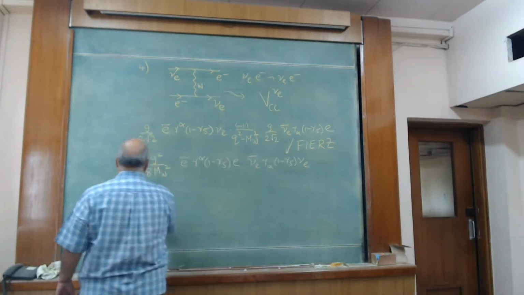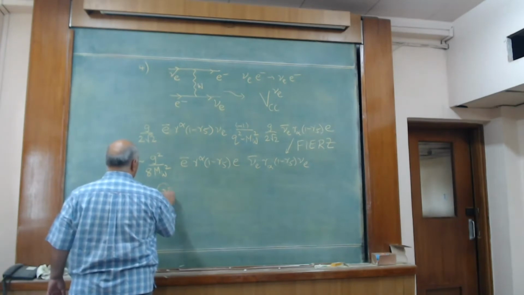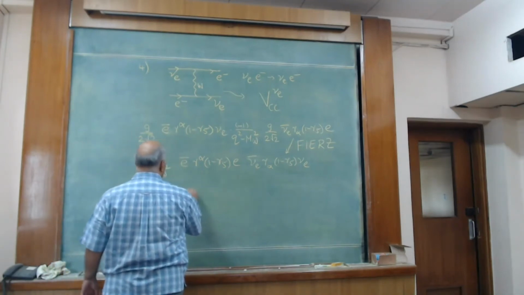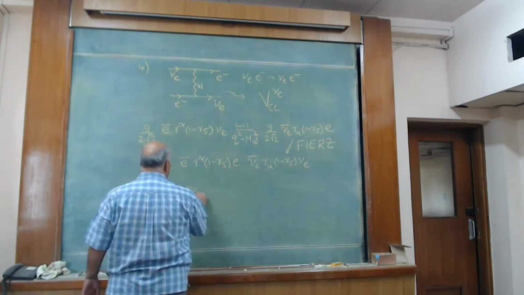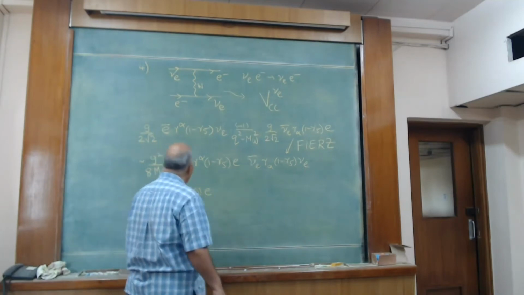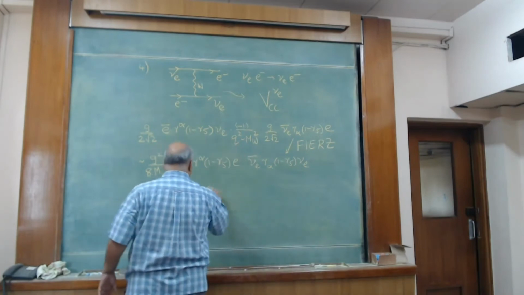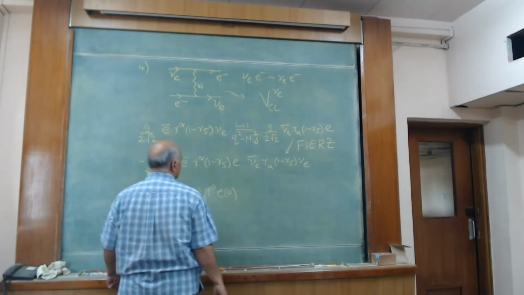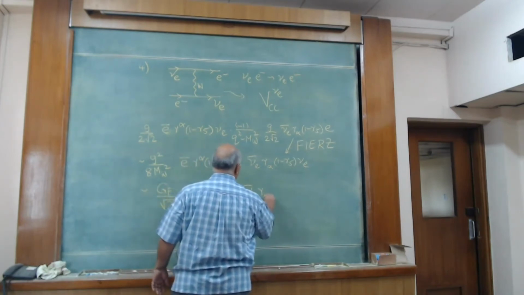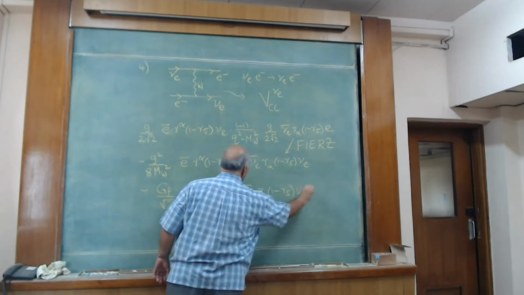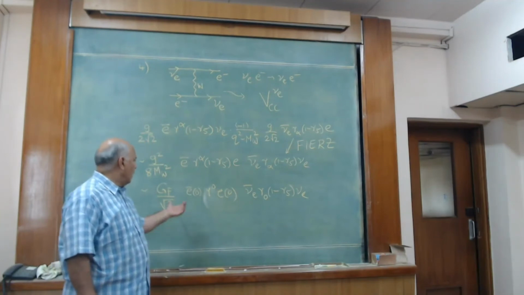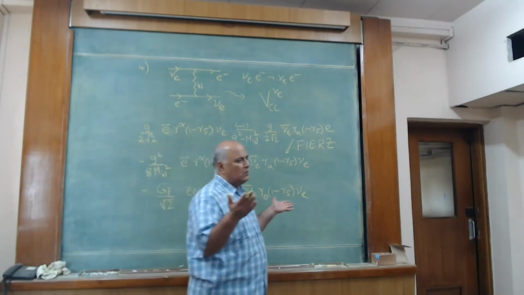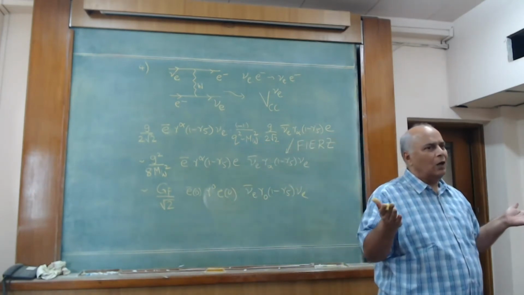So, G squared by 8 M_W squared is G_F by root 2 times this e bar gamma 0 e, and e bar gamma 0 is e dagger 0, and e dagger e is essentially the number density of the electrons.